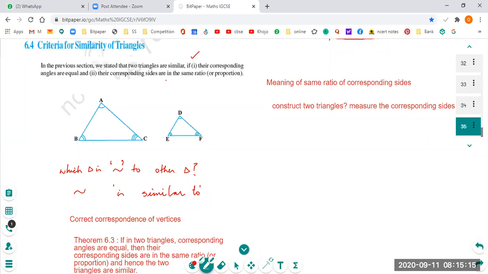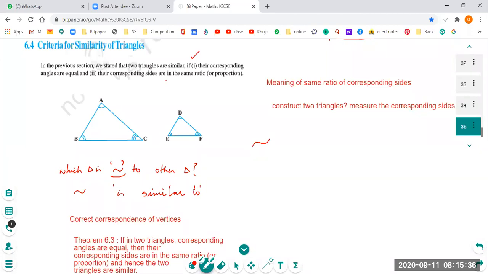Now, see students, when I say that this triangle is similar to this triangle, how do I write? I use this sign, which is known as the sign of similarity.